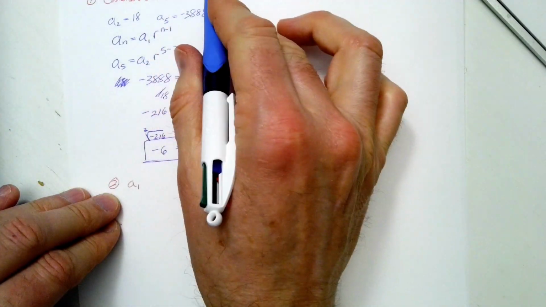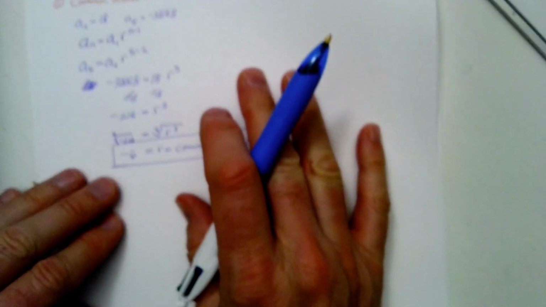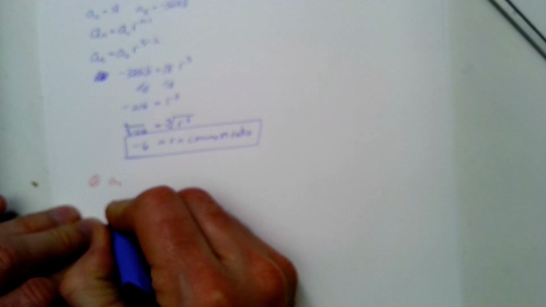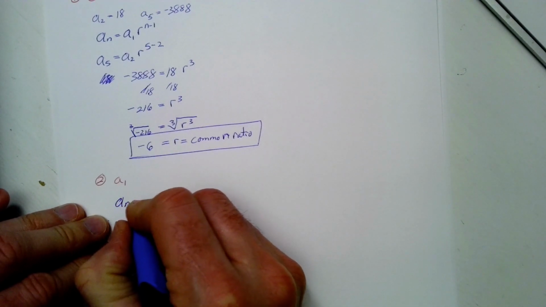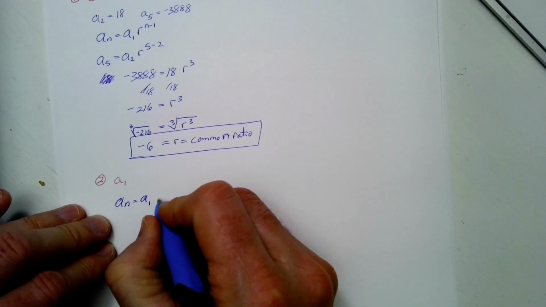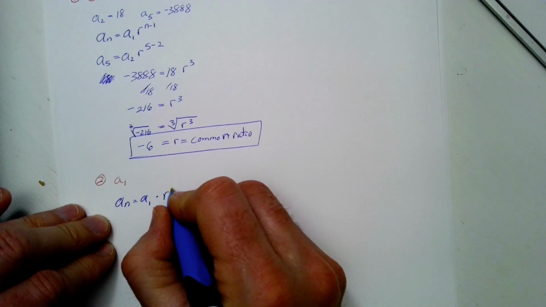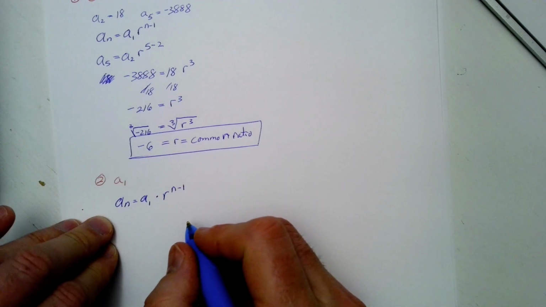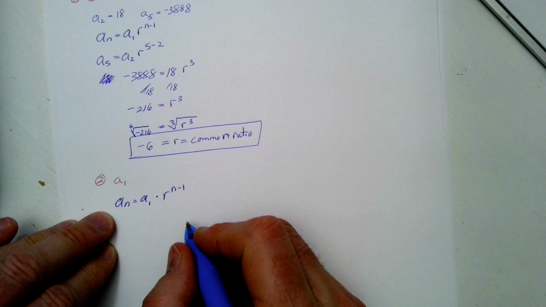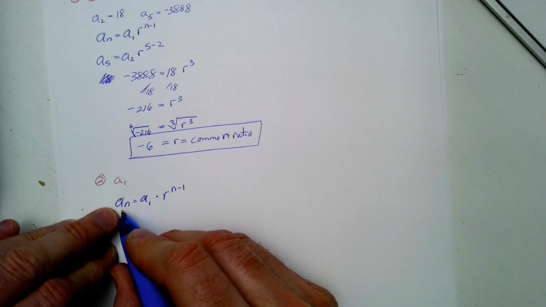So again, let's take that same equation, an equals a1 times r to the n minus 1.